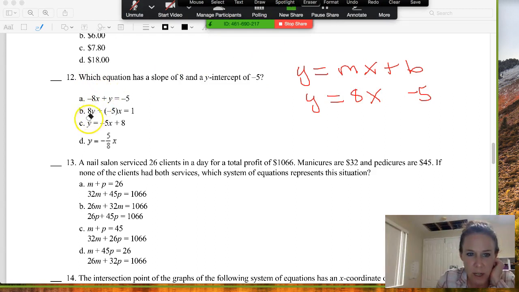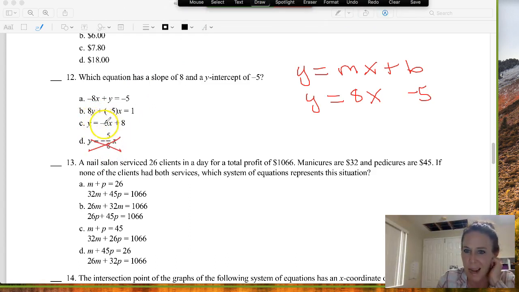Now I come over here and I don't really see that. It's not y equals -5/8x, no. It's not y equals -5x plus 8, no. That changes around the slope and the y-intercept. Don't fall for that. Now, what about these two? They're not in this form. Well, can I put them in this form by solving for y?